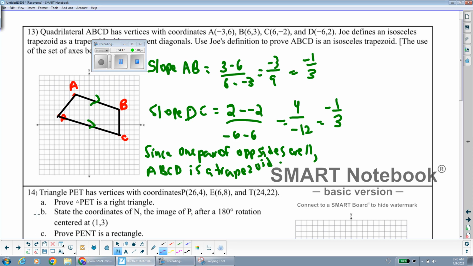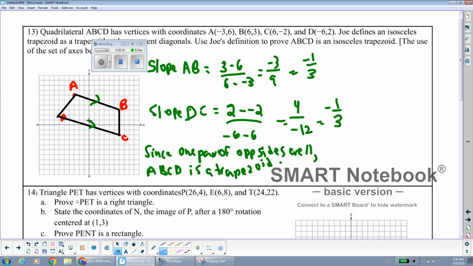We used to also show that these do not have the same slope, to show that trapezoids only have one pair of parallel sides, but it is enough to show just that this pair is parallel, because there is mathematical debate whether a trapezoid only has one pair of parallel sides or has at least one pair of parallel sides.